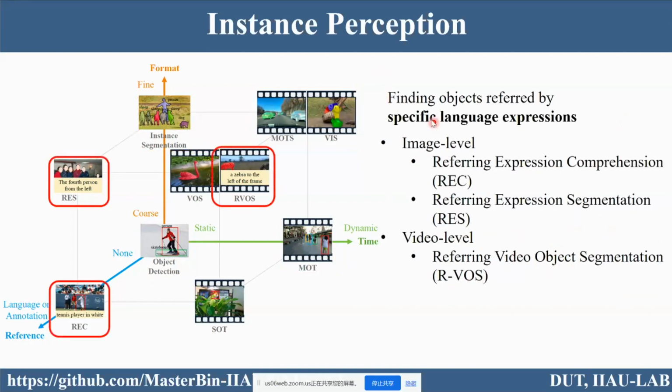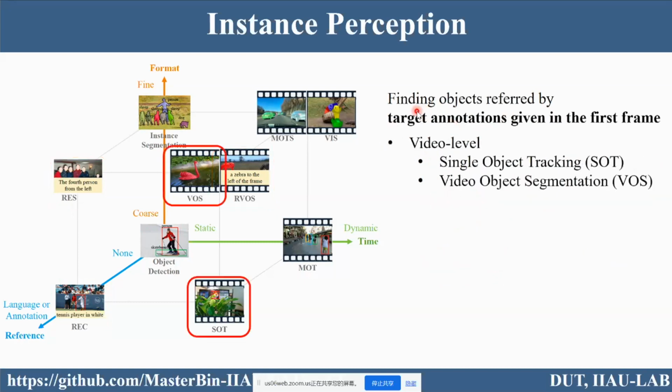The second class aims at finding objects referred by specific language expressions. This includes image level referring expression comprehension, aka REC, and referring expression segmentation, aka RES, and video level referring video object segmentation, RVOS tasks.